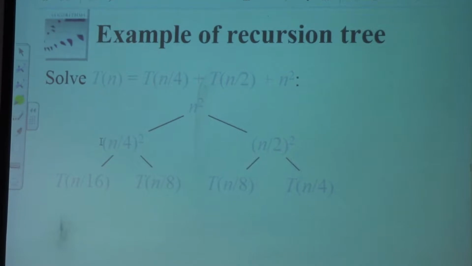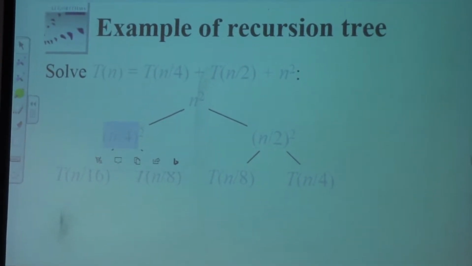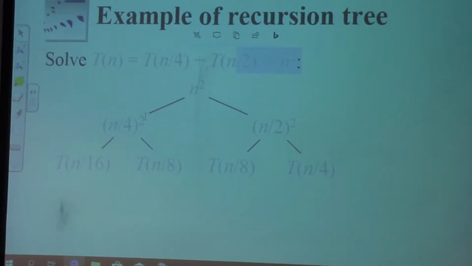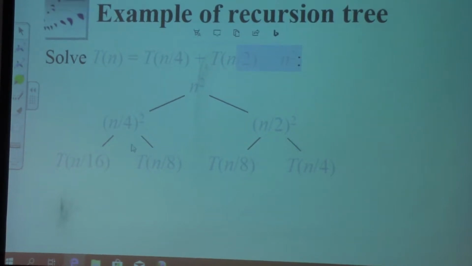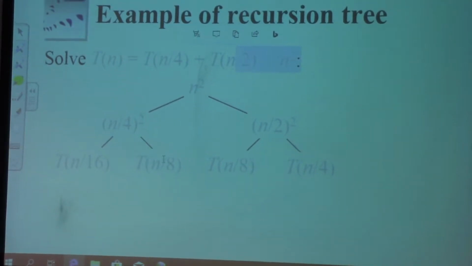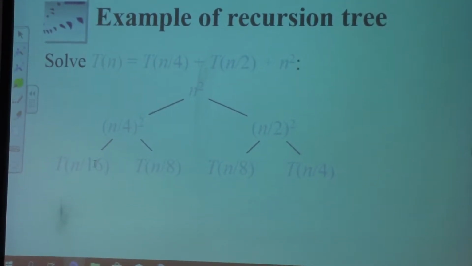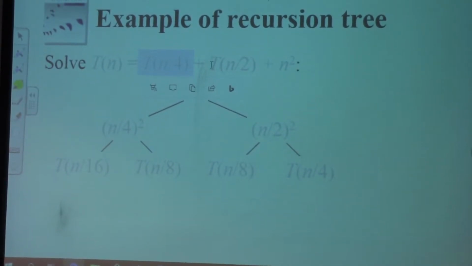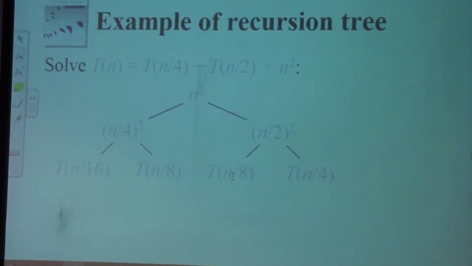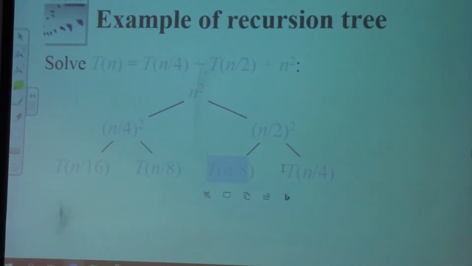So this 4 will be squared, like an n square, so n upon 4 squared, and then the two instances n upon 16 and n upon 8, because the first is n upon 4, so we double it to get n upon 16. The second is n upon 8.